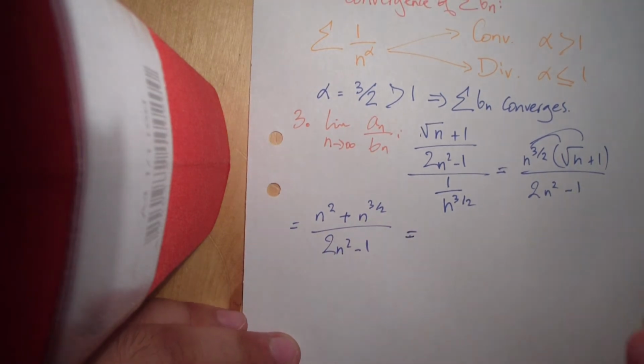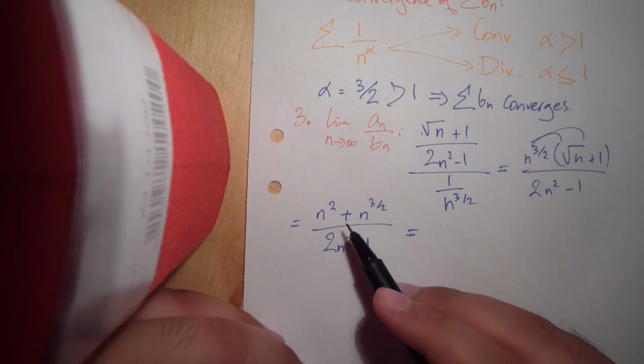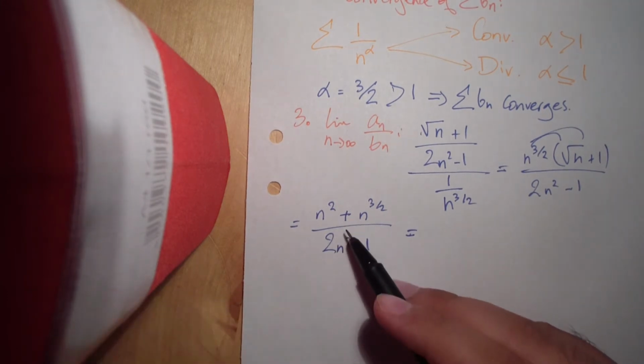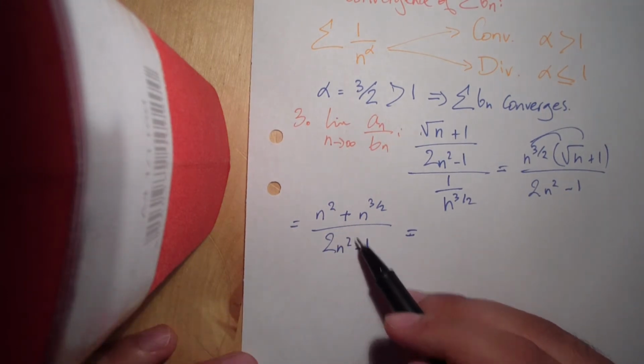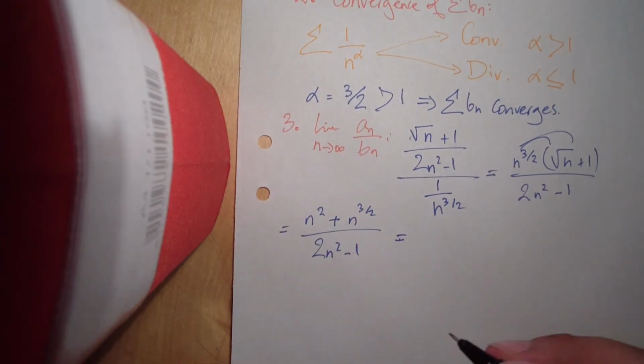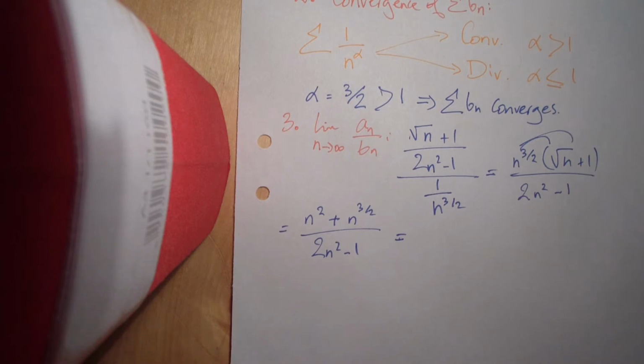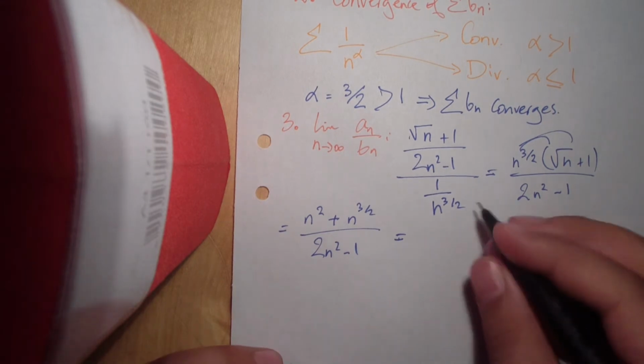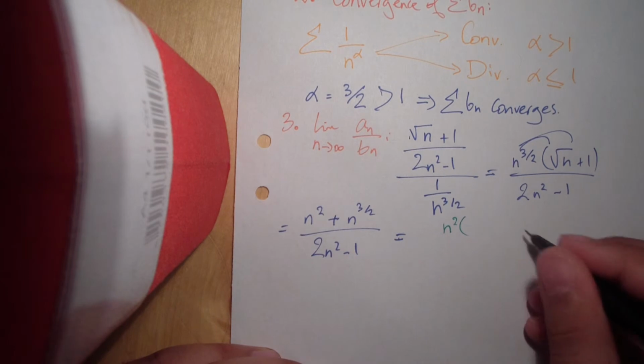At this stage, it's really useful to factor out the biggest factor that exists on both the numerator and denominator. So we look at which n factor is really big on both sides, and we take it out. We write n squared and open parentheses.